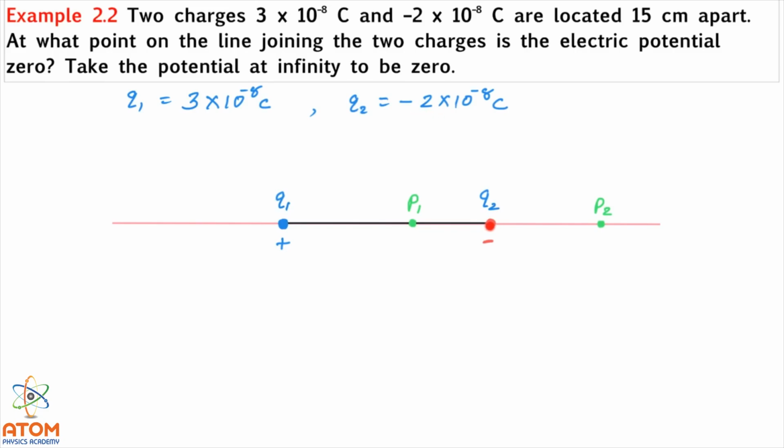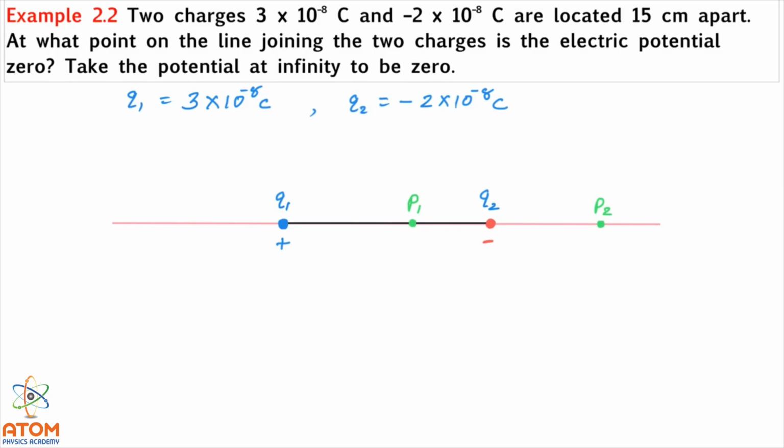So magnitude wise the charge is less and the distance here is quite large. For this charge, charge is more, distance is less, so the potential will be more. This charge is less and the distance is more, that's why its potential will be negative, but the magnitude will be less, and that's why this point won't become a null point. Where the potential is 0, that is known as null point, so it will not become a null point. That means we are having 2 points where the potential can be 0.